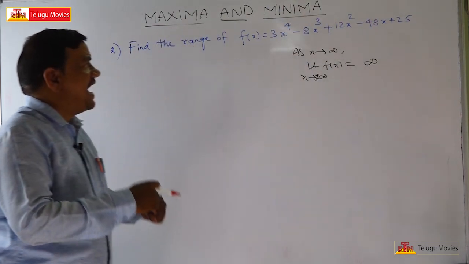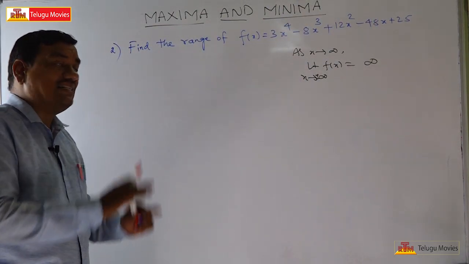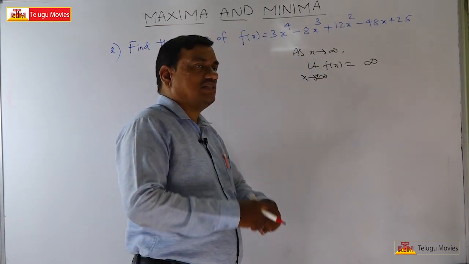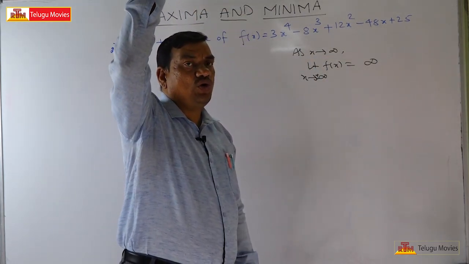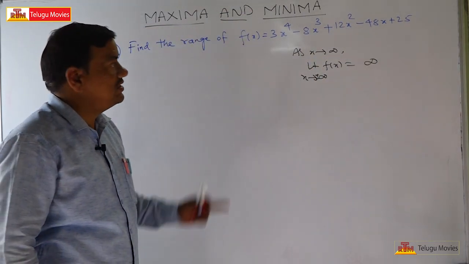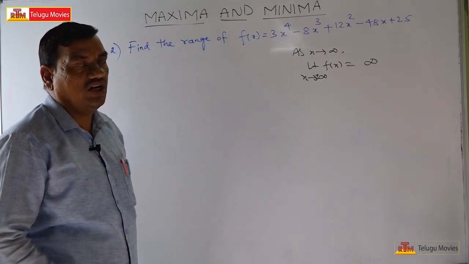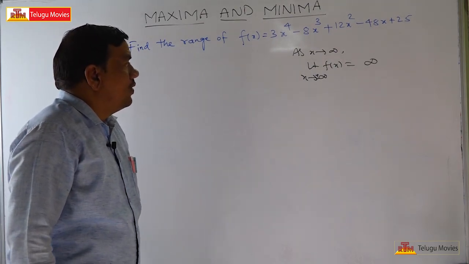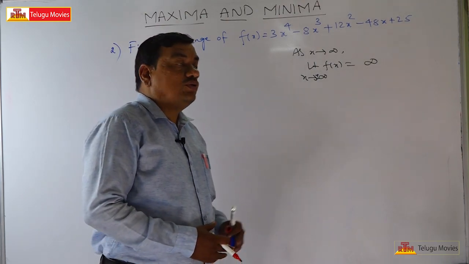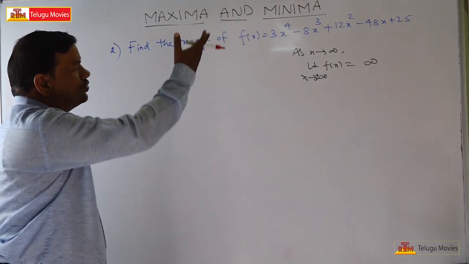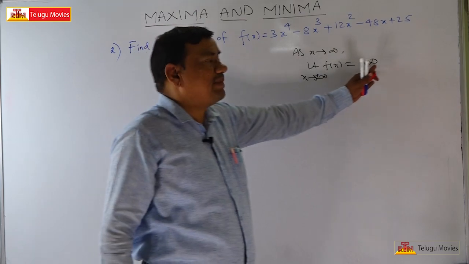That means as x value increases, f of x value also goes on increasing. Why? Because it is a polynomial function. Therefore the maximum value is plus infinity.